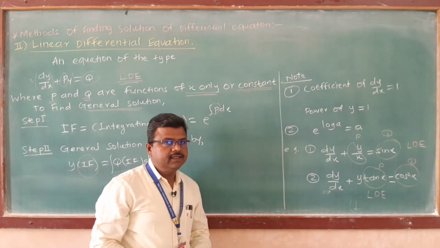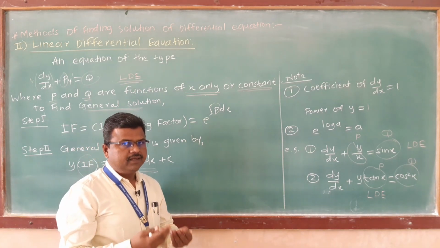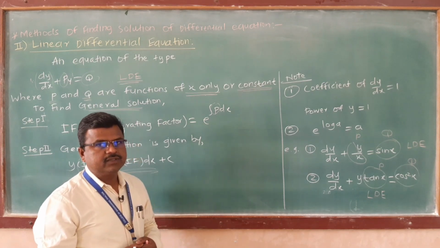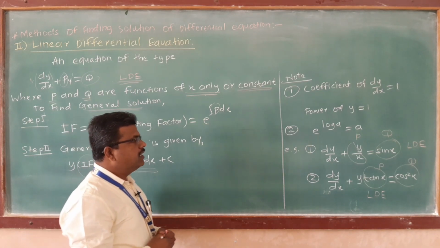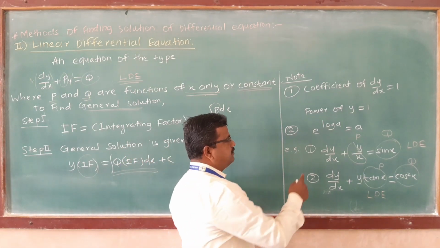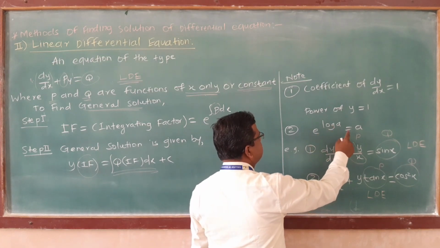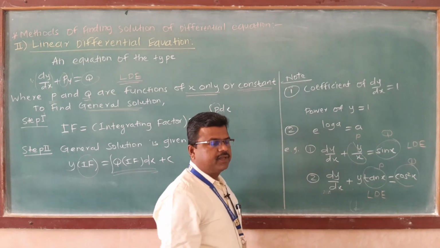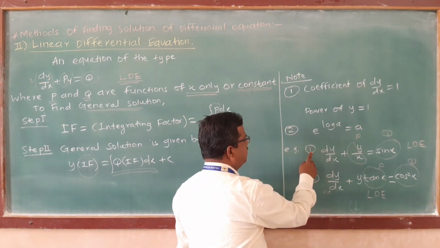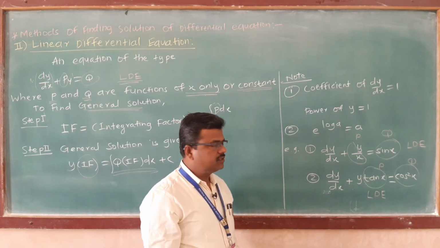In that case it is a linear differential equation, otherwise we have to reduce it into linear differential equation. जर त्या फॉर्म मध्ये नसेल तर त्या फॉर्म मध्ये आपल्याला रिड्यूस करावं लागेल. Also while simplifying, while solving the equation, if there is an expression like e raised to log a, then write its value is equal to a. So remember these two.